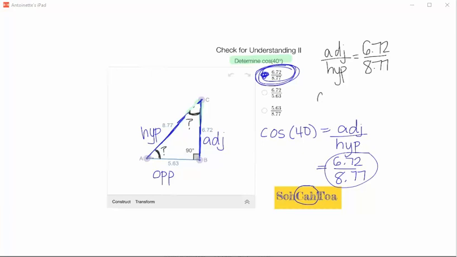I'm going to show you what that looks like, because there are a few setups we have to do in our calculator in order for this to work correctly. Then when I do the inverse cosine of those values, it's going to give me 40 degrees. Okay, so let me show you that on the calculator.